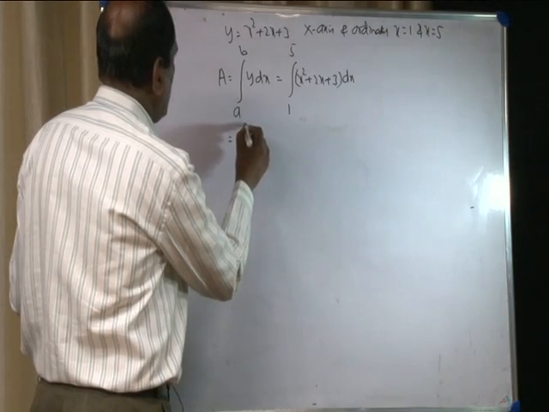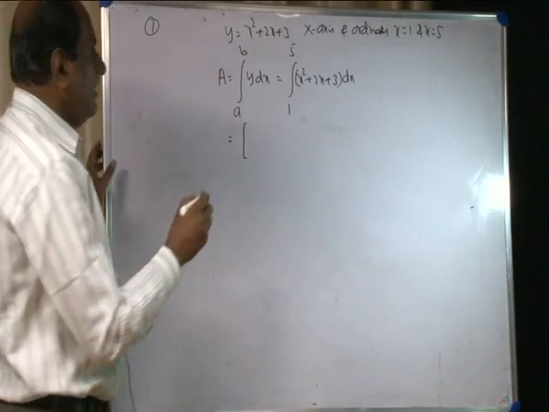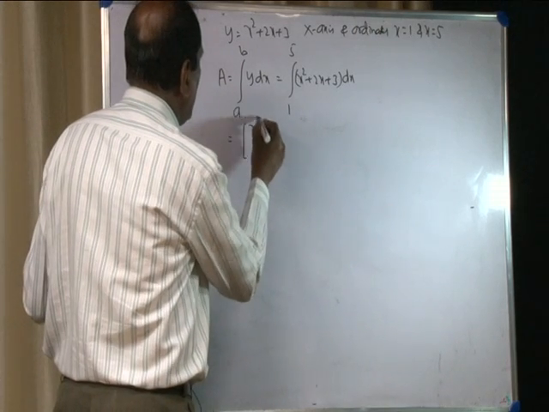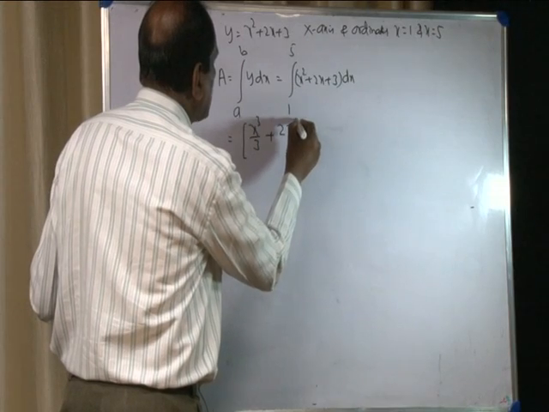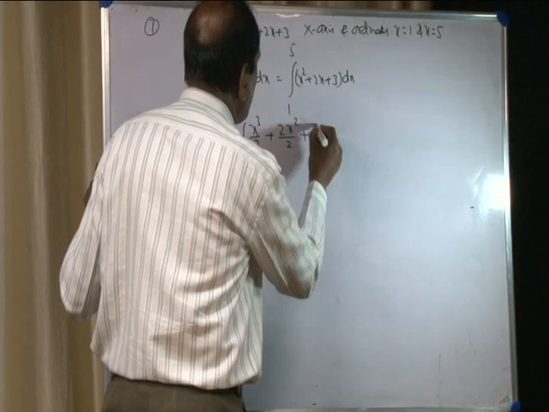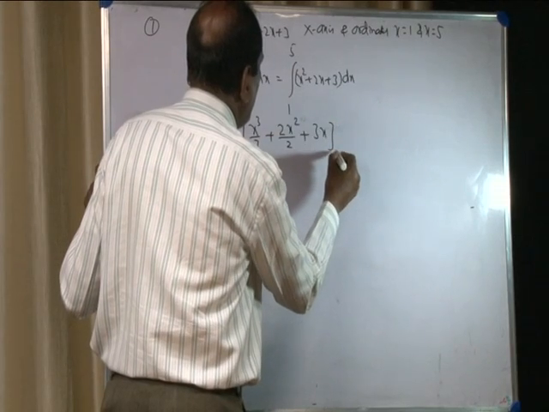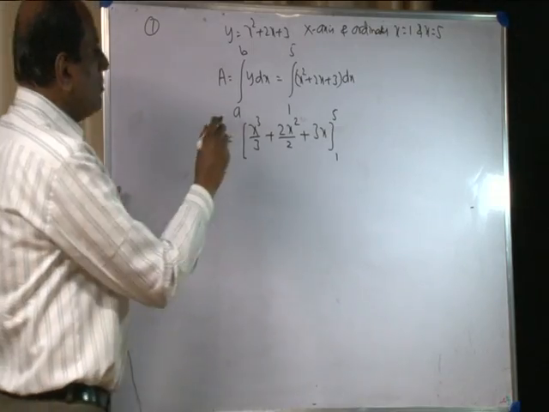What is the integral of x square with respect to x? x cube by 3, plus the integral of 2x, which is 2x square by 2, plus 3 with respect to x is 3x, between limits 1 and 5. See here, the 2 cancels.